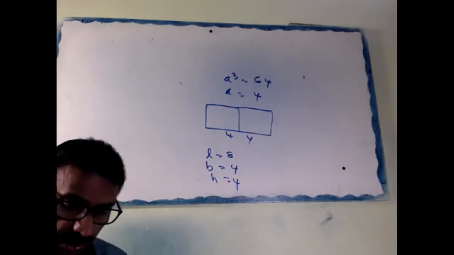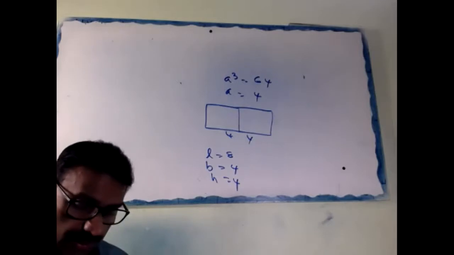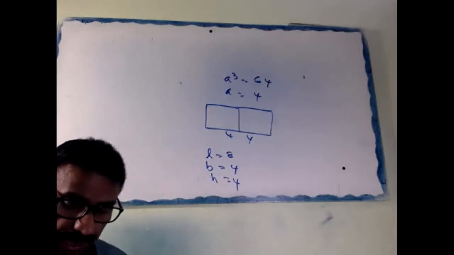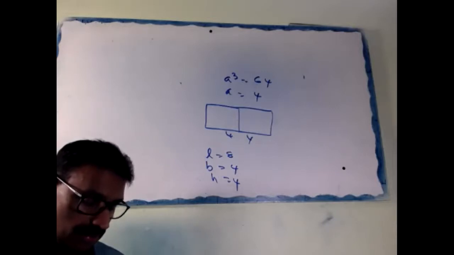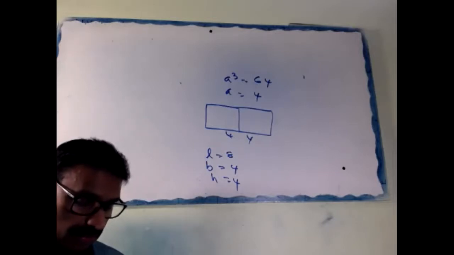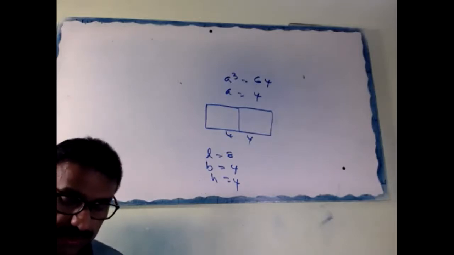The diameter of a metallic sphere is 6 centimeter.